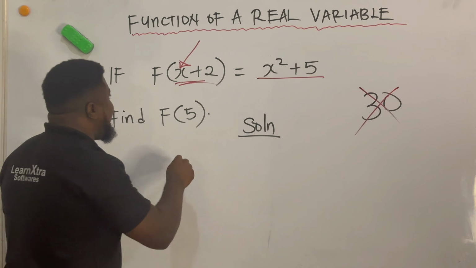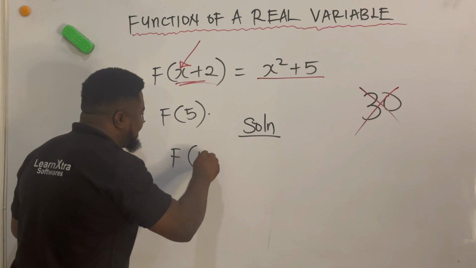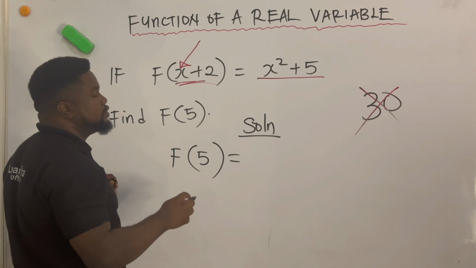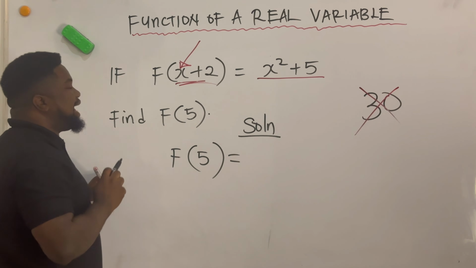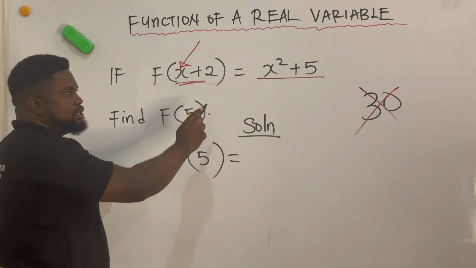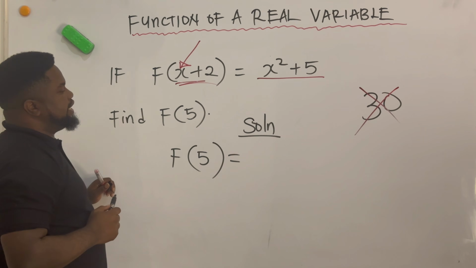So f of 5 is equal to 3 going in as input, because 3 plus 2 is 5. So we'll go ahead and input 3 over there.